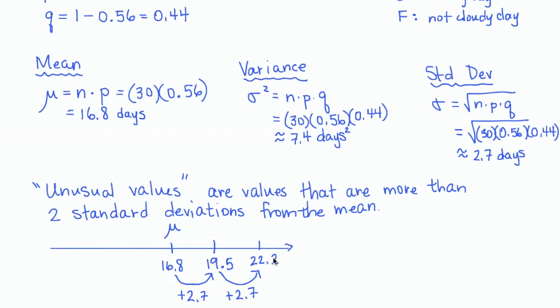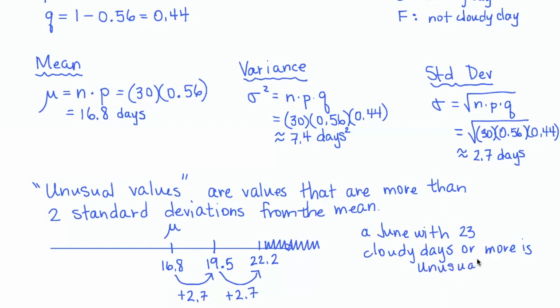Any number of days that's beyond this, that's more than 2 standard deviations away, would be unusual. So that would mean for this particular situation where we're looking at days in June, a June with 23 cloudy days or more is unusual. And I went with 23 because that's the first number larger than 22.2.